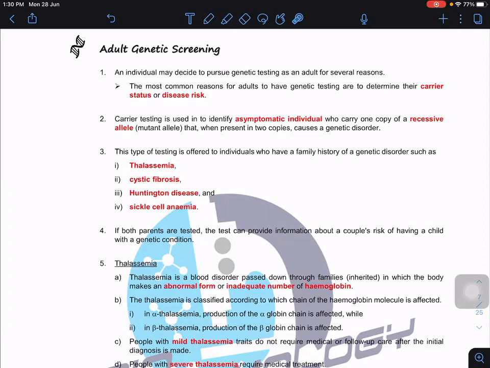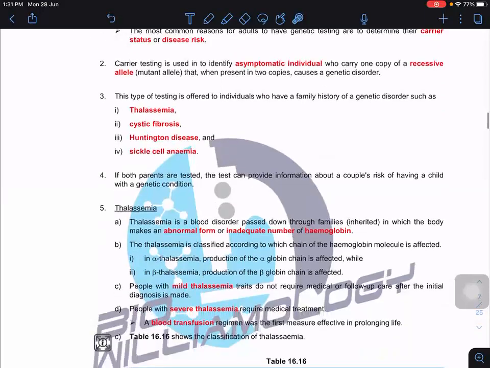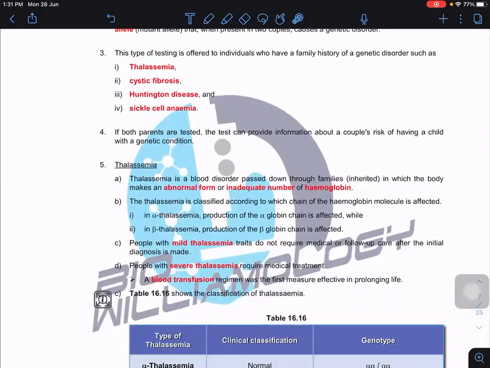Carrier testing is used to identify asymptomatic individuals who carry one copy of a recessive allele. When the children receive two copies, it can cause the genetic disorder. This type of testing is offered to individuals with a family history of genetic disorders, for example, thalassemia, a blood disorder, cystic fibrosis, Huntington disease, and sickle cell anemia.